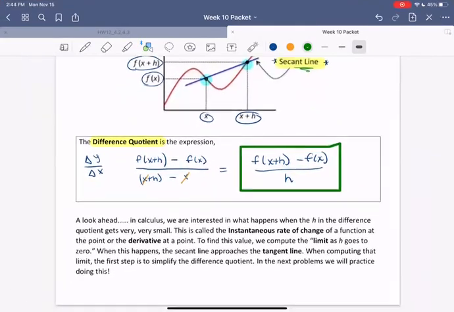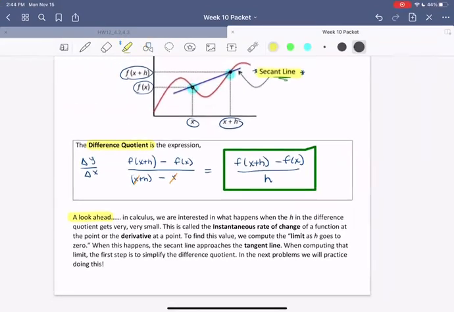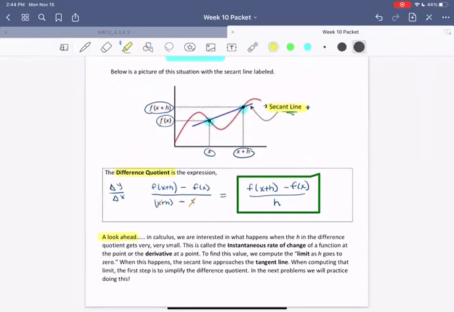And now I just want to make a quick note about why we are computing this difference quotient. A look ahead: many of you might be taking calculus after this course. And in calculus, we are interested in what happens when the h in this difference quotient gets very, very small. So imagine our picture up here where we had our secant line.